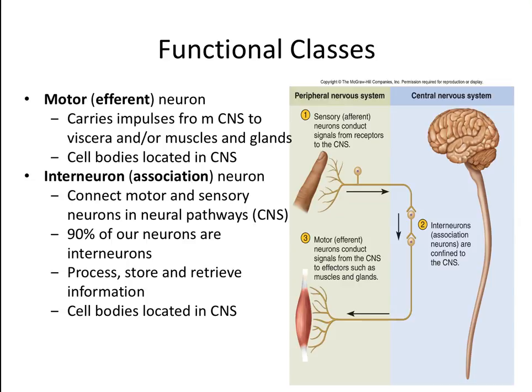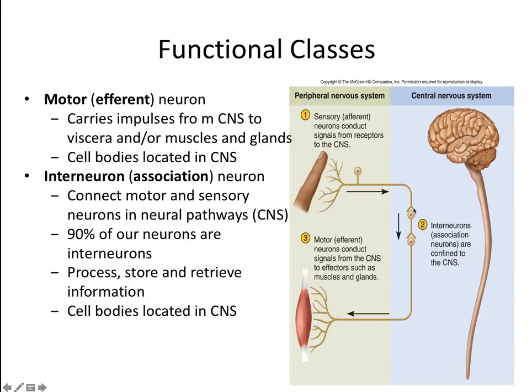Motor neurons, or efferent neurons, carry impulses from the central nervous system out to effectors. And these guys have cell bodies that are located inside of the central nervous system, so not in the periphery, not located in ganglia. So interneurons are association neurons, and these are neurons that connect the motor and sensory divisions.